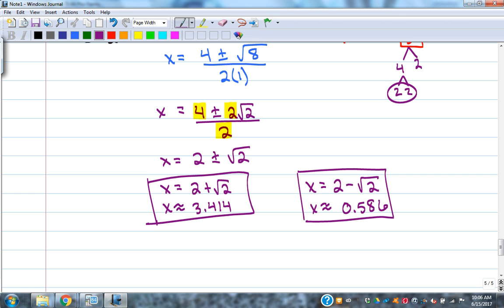And we've solved one using the quadratic formula. We're going to do a few more of those, and then we'll see it coming up as we go through some other stuff too.